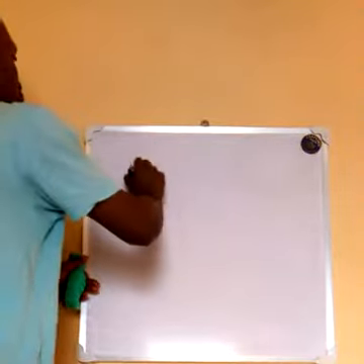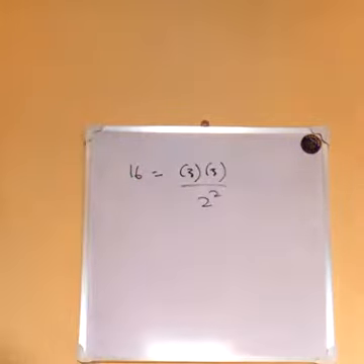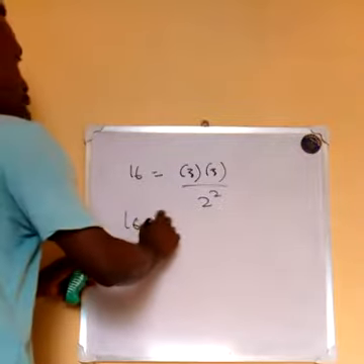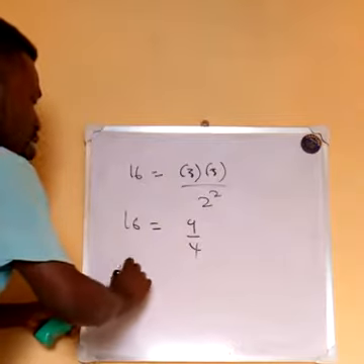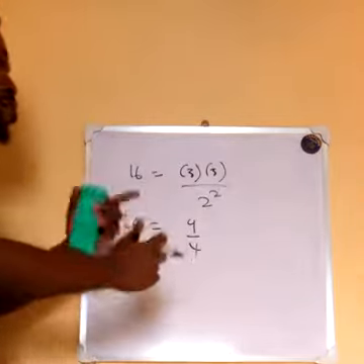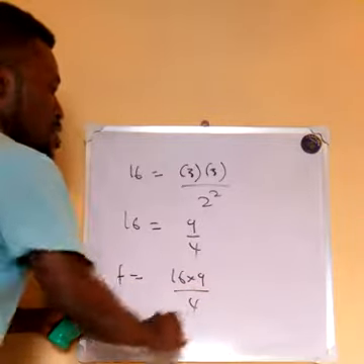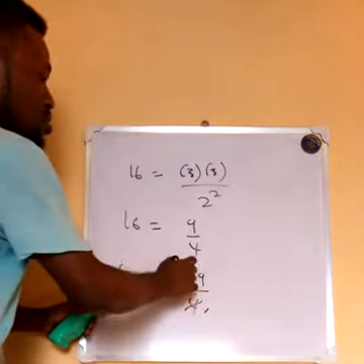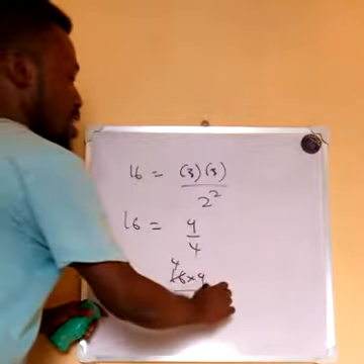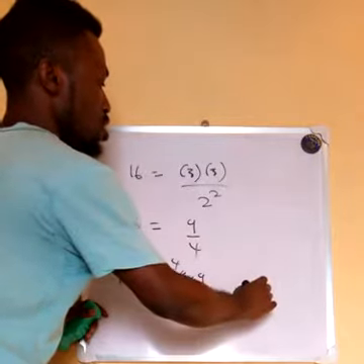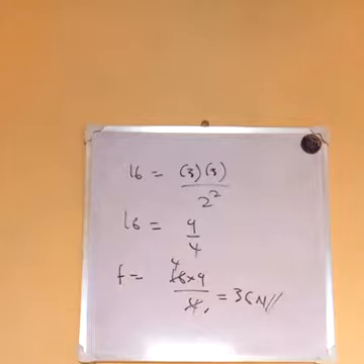So you have 16 with 9 over 4. The force and the mass are directly proportional, so 16 times 9, divided by 4 inversely. The 4 and 16 cancel, giving 4, and 4 times 9 gives us 36. So the new force of attraction is 36 Newton.